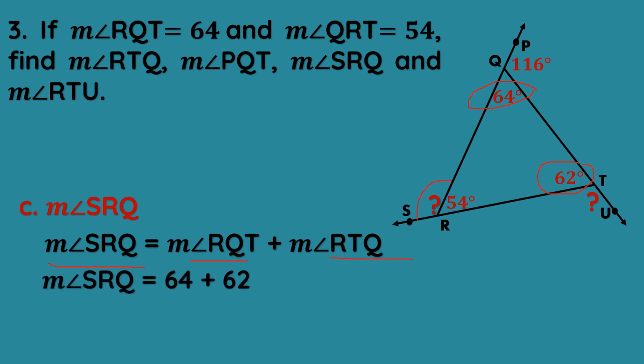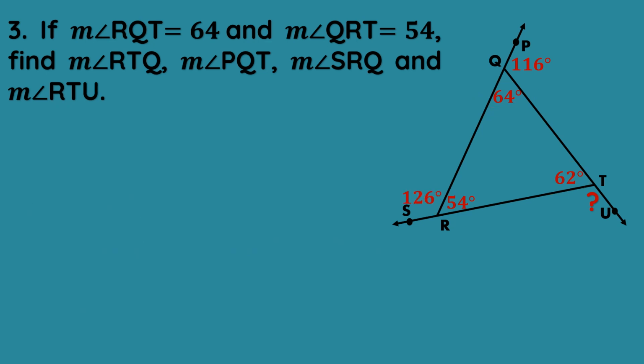By substitution, the measure of angle SRQ is equal to the measure of angle RQT, which is 64, plus the measure of angle RTQ, which is 62. Adding these two measures, the sum is 126. Therefore, that is the measure of angle SRQ.